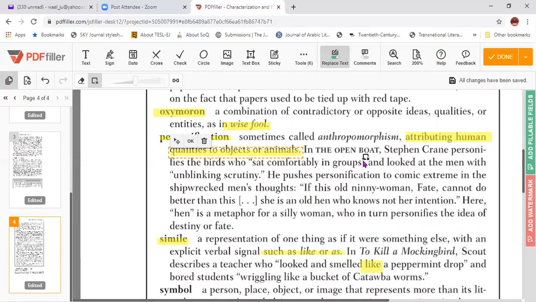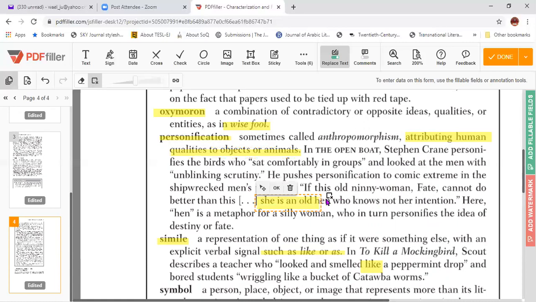Look at this example. In The Open Boat, Stephen Crane personifies the birds who sat comfortably in groups and looked at the men with unblinking scrutiny. He pushed personification to a comic extreme in the shipwrecked men's thoughts: if this old ninety-nine woman, fate, cannot do better than this, she is an old hen.